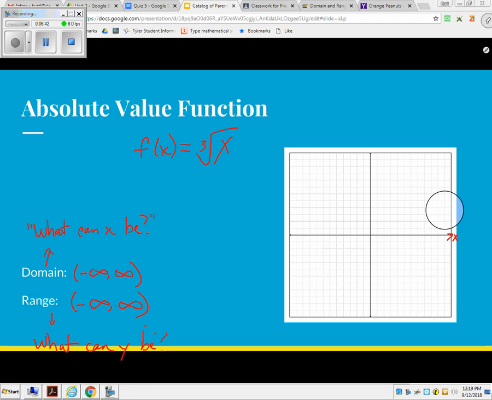Last one is the absolute value function. This one can be confusing. But I'll tell you what, I have to go back and look, but this might be the only v that I put in any of these parent functions. Square root, cube root, square root. Might be the only v from what I can remember. And guess what? The math gods were nice enough to us that they made the absolute value function look like a v as well.